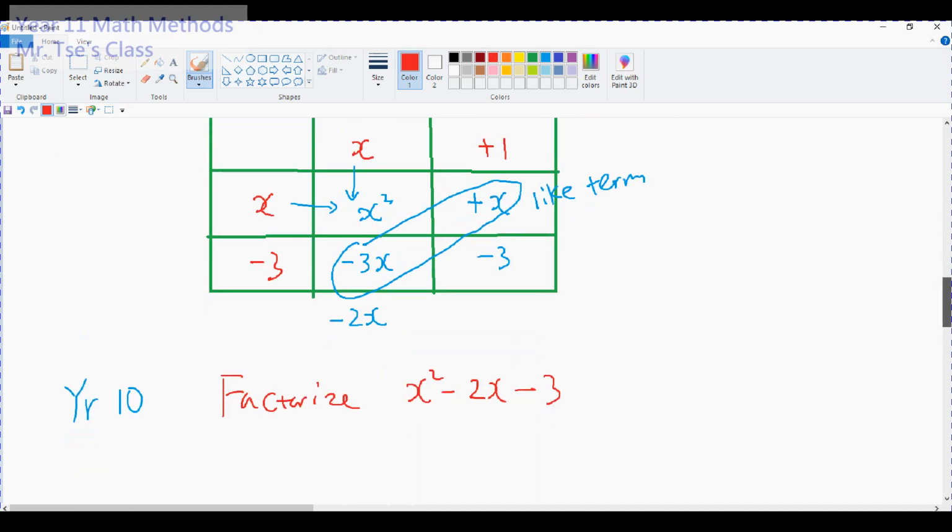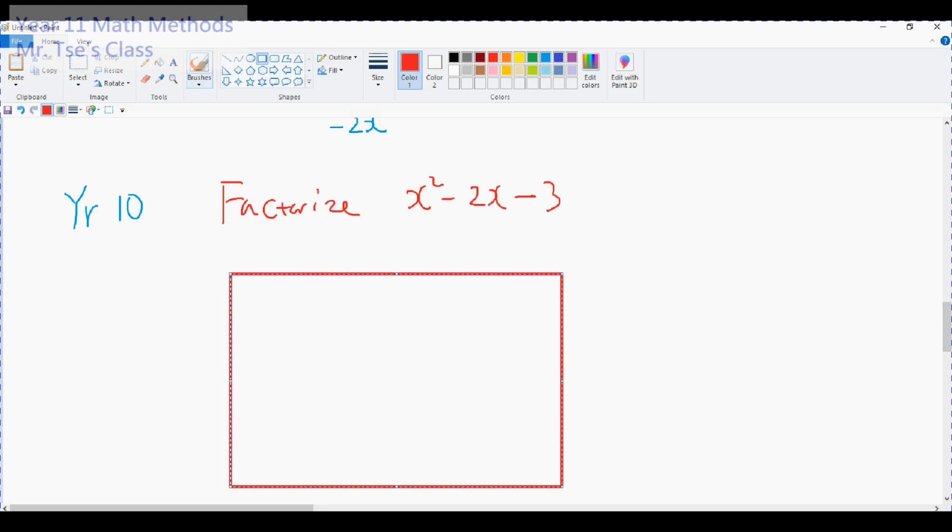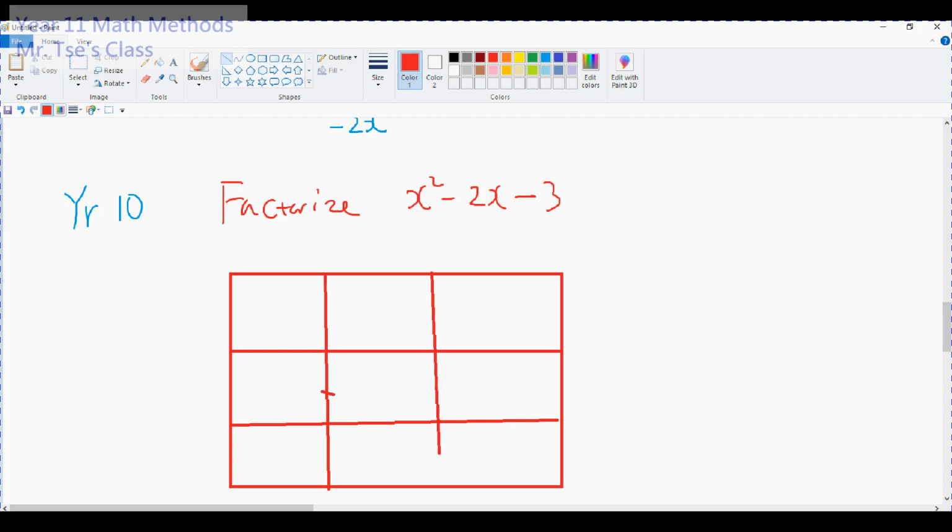To factorize this, in my class we've learned that you can still use a table, again a 3 by 3 table, but you just need to do things backward.